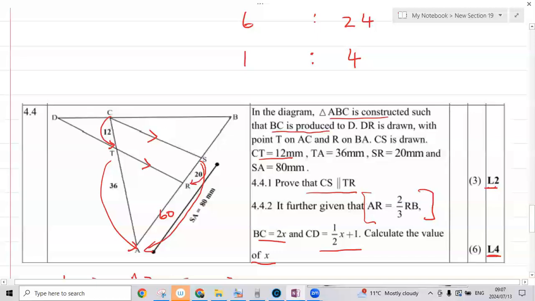Let's write that down, and that will be 2x. And CD is half x plus 1. So here you've got half x plus 1. And then it says here that AR is 2/3 of RB.